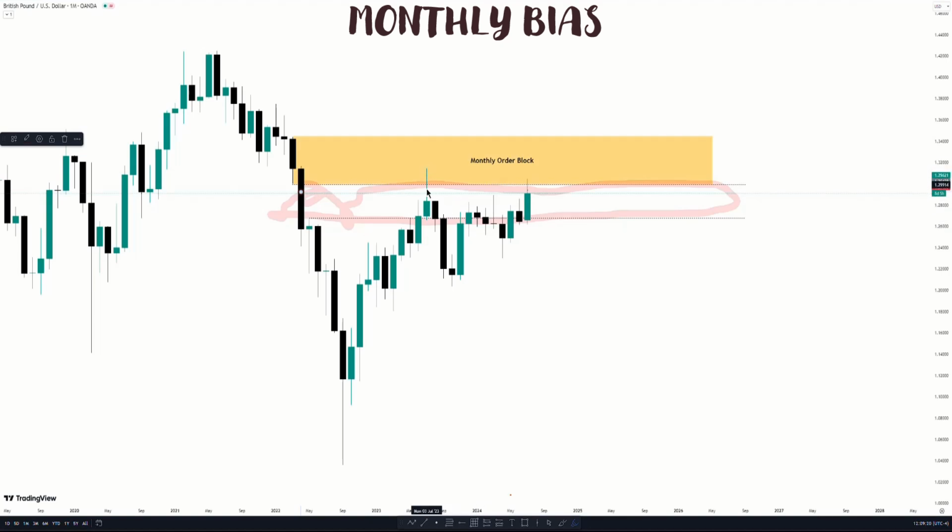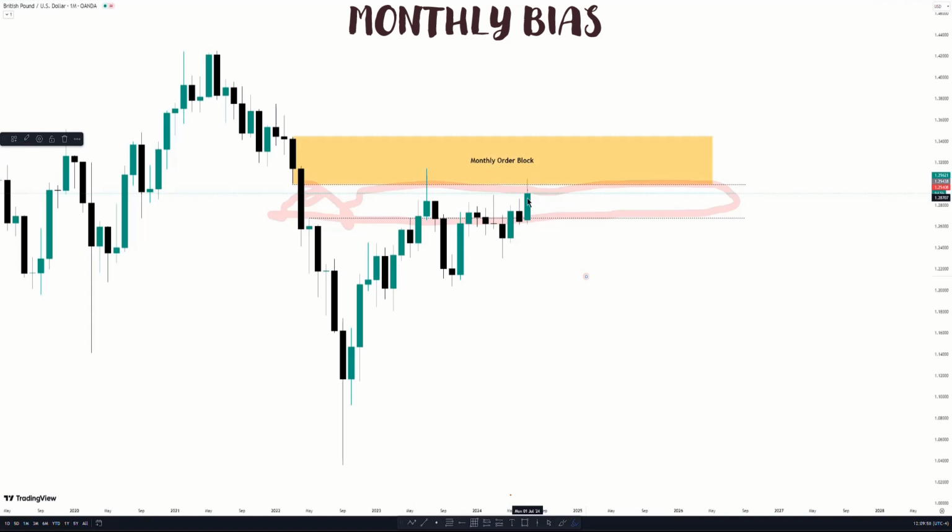First of all, it reacted to this monthly order block, but it also didn't close above this fair value gap here. It just went up to the monthly order block and then came down, closed in this same fair value gap. Okay, you can see all these candles that were reacting to the same fair value gap. Even this, this is the month of July. This is the current candle. Okay, it's reacting to the same order block and then going back into this fair value gap.